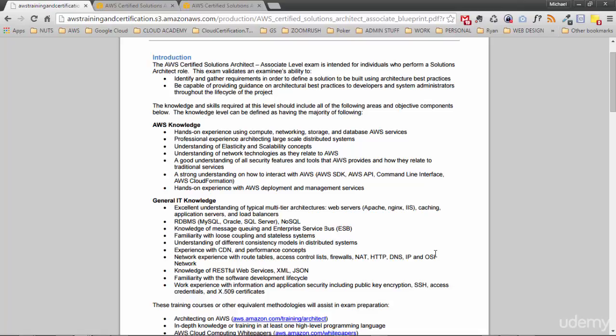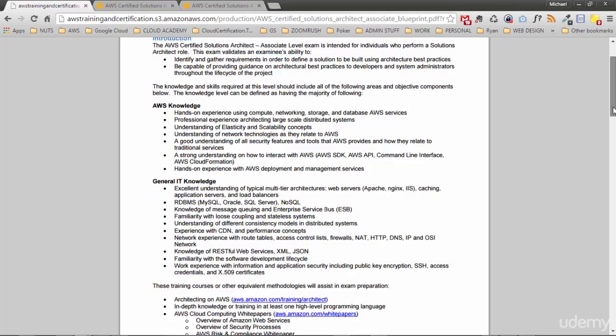So again, just to reiterate, the Solutions Architect exam, and what we will be concentrating on during this course, is for you to get an overall full understanding of architecture, security, all those sorts of things that build your basic infrastructure on AWS.